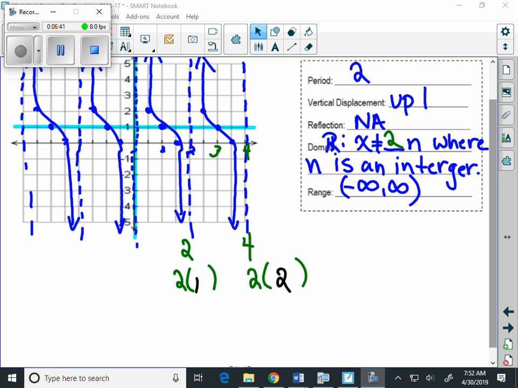The period of sine is 2 pi. The period of cosine is 2 pi. The period of cosecant is 2 pi. The period of secant is 2 pi. Go back and rewatch any of these videos and practice, practice, practice to get ready for your test.